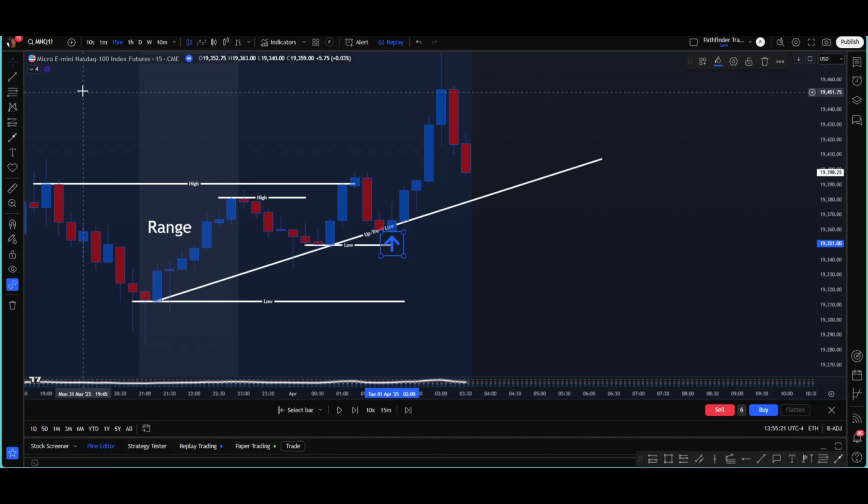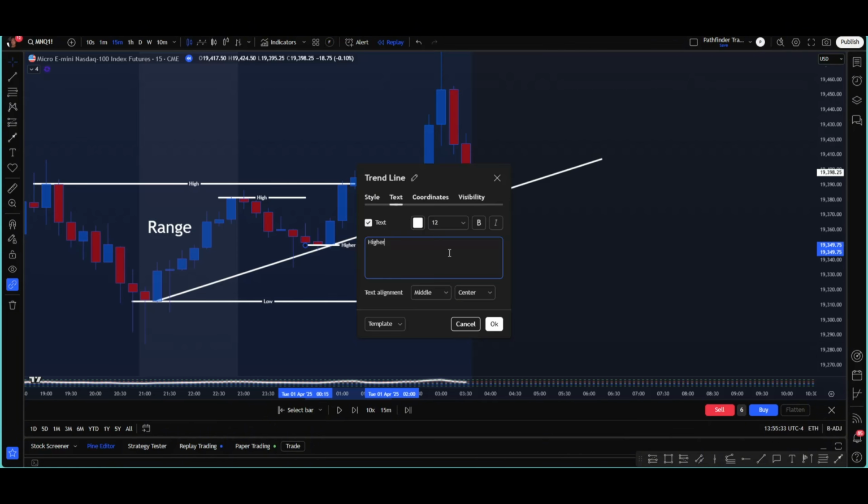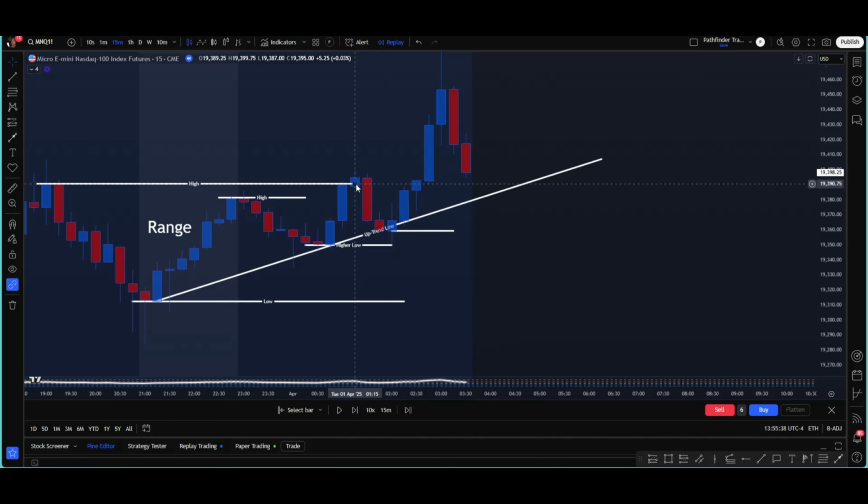Okay, so now we can mark up here again. This is now what's called a higher low, because it went on to make a higher high right here.